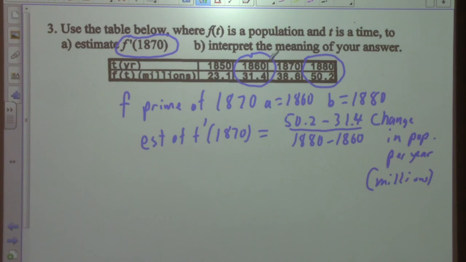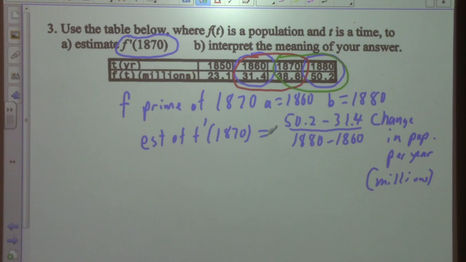Now, AP standards are pretty liberal. Most of the time, you're going to look for values on either side of where they're looking for the change, but AP would take these two numbers instead, or these two numbers.